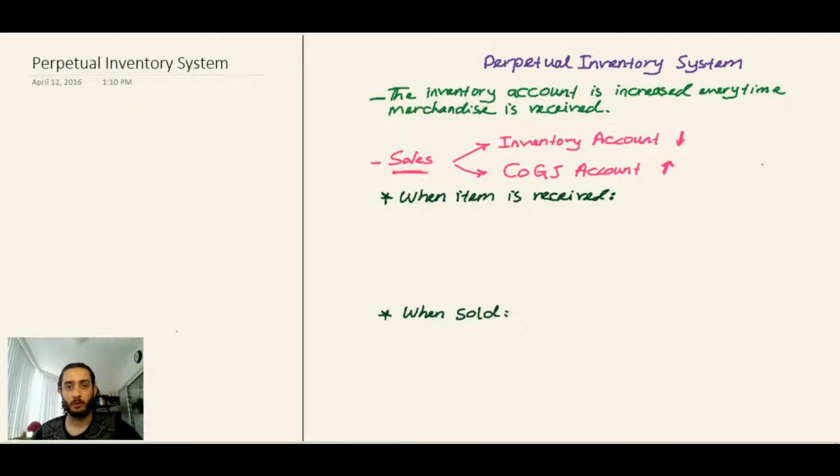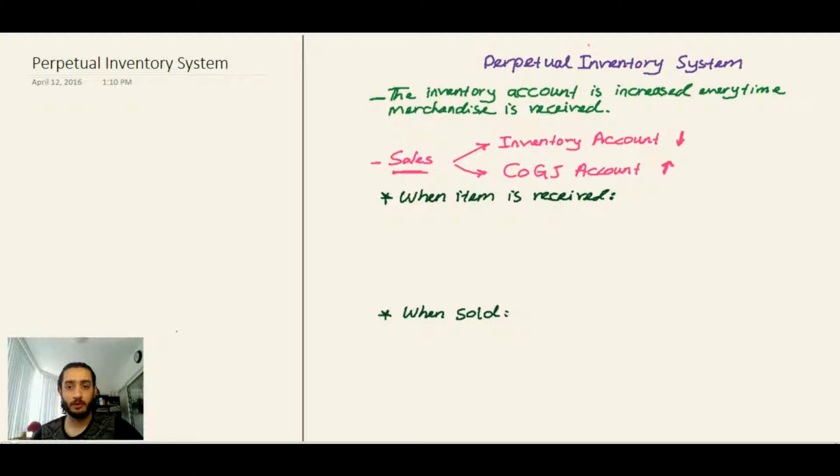In this video I will be talking about the perpetual inventory system, and we'll see the main differences between the perpetual inventory system and the periodic inventory system. And at the end of the video I will be talking about which system is better and what the advantages of each system are. Let's see what the perpetual inventory system is.